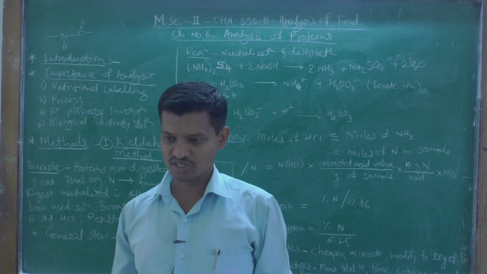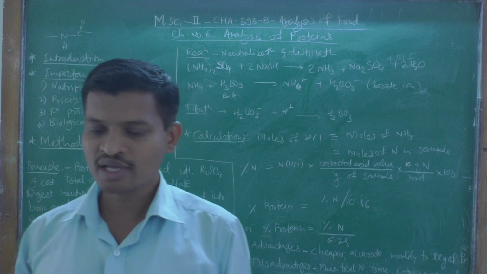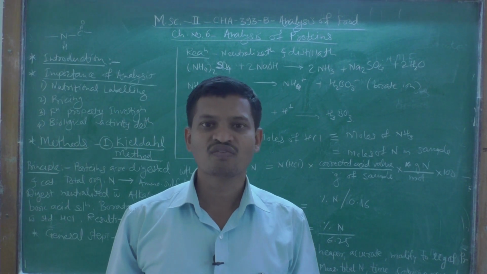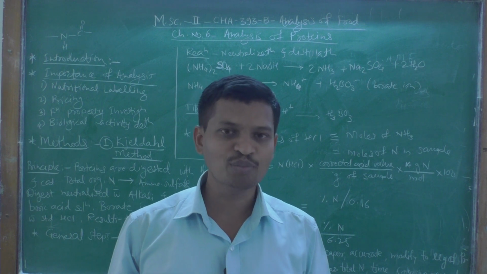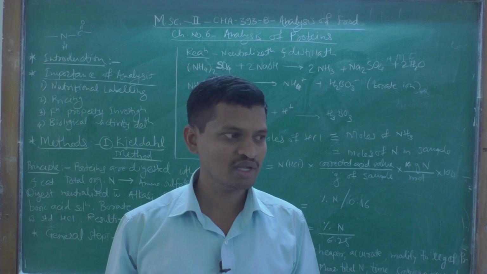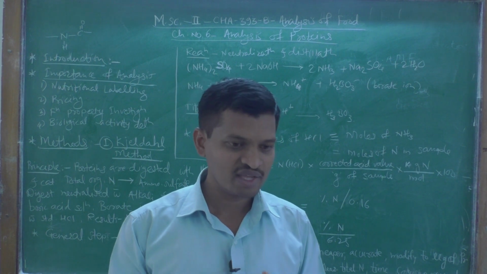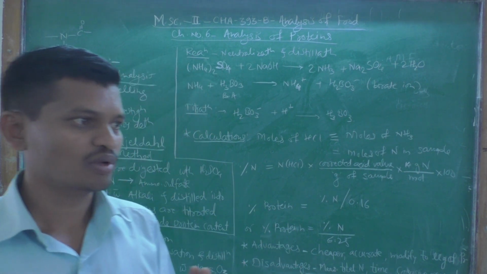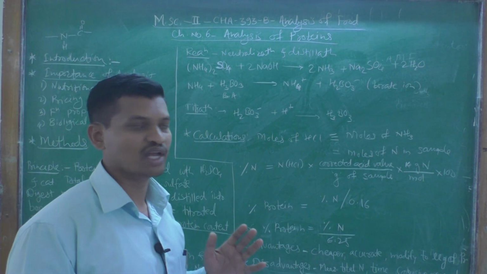Hence the analysis of these proteins is very essential from the health point of view, the pricing point of view, and so on. That's why the analysis of proteins is an unavoidable part of food analysis.